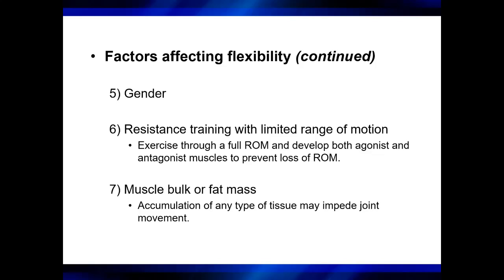Generally, fat mass is going to be more of an inhibitor of movement, but muscle bulk can also play a role there. And that's one reason why people who resistance train on a regular basis, who are trying to maintain the range of motion, are encouraged to engage in stretching activities along with those resistance training activities.